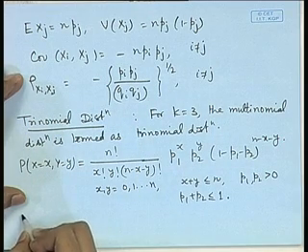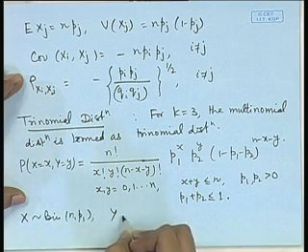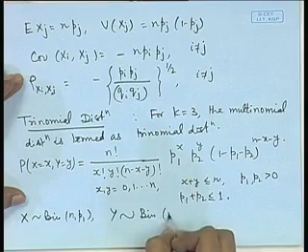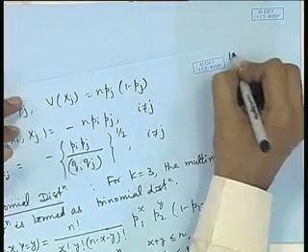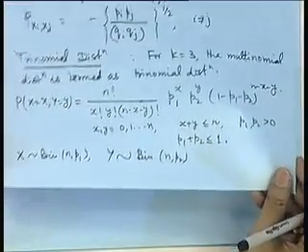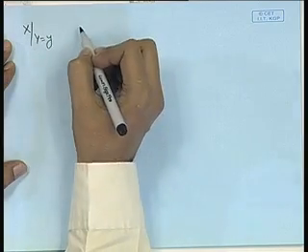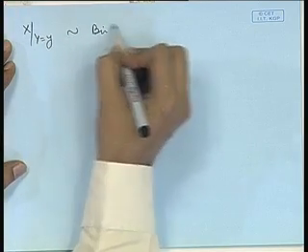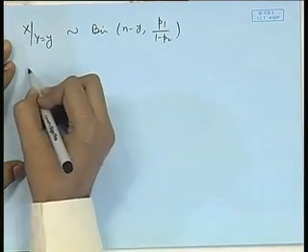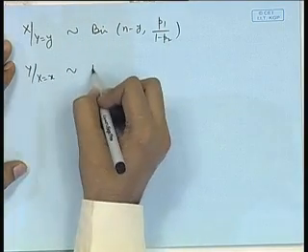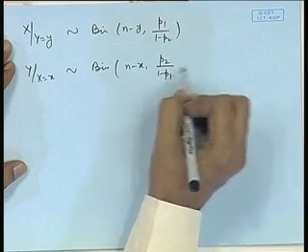So, here if I look at the marginal distribution of x, that will be binomial n, p1. If I look at the marginal distribution of y, that will be binomial n, p2. Not only that, if we look at the conditional distributions of x given y and y given x, then conditional distribution of x given y is binomial n minus y, p1 by 1 minus p2, and y given x is binomial n minus x, p2 by 1 minus p1.